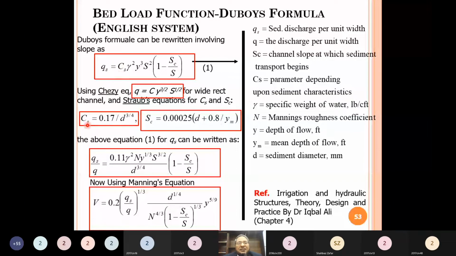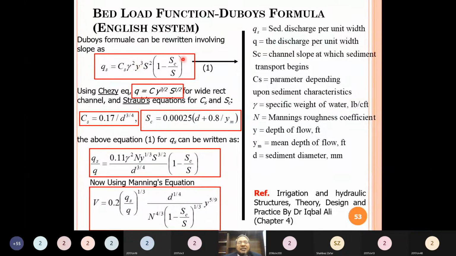He says that Cs is 0.17 over d to the power 3 by 4. And what is the d? Sediment diameter in the bed in millimeters, of course the average sediment diameter, D50. So if we have the diameter of sediment in the bed, we can compute Cs.